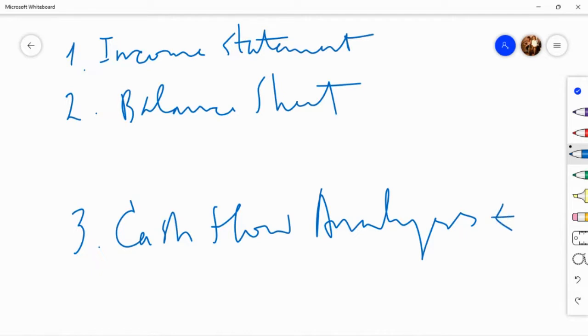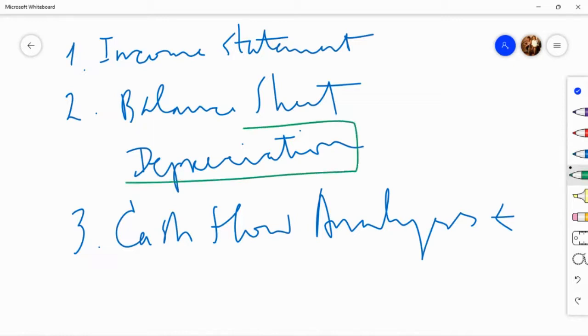Today, what we want to do is depreciation. Okay, this line item belongs to both the income statement and balance sheet.